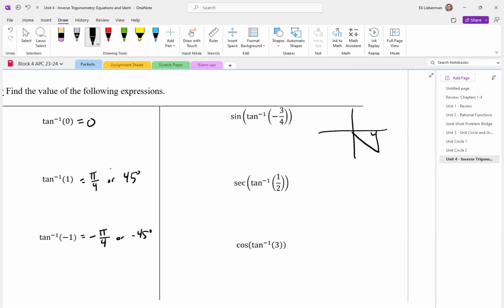Okay, so where do we go from here? The axis. So it's four this way and down three. So four this way and down three, so negative three like this? Do we agree? And it's a 3, 4, 5.